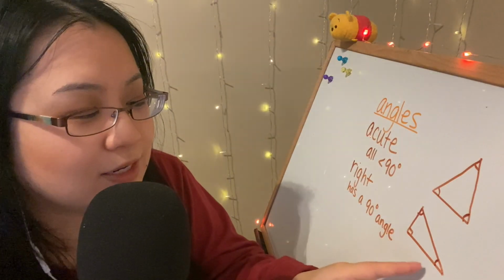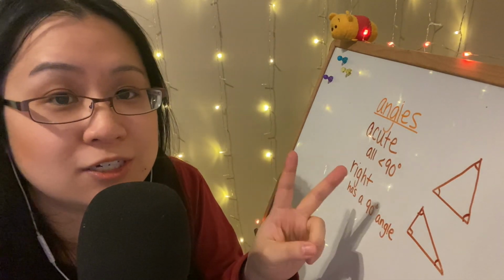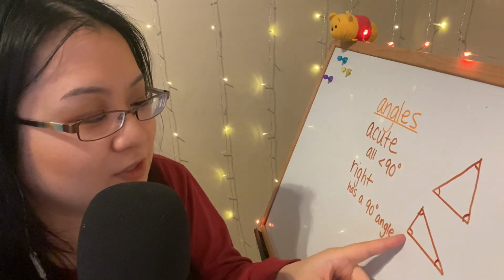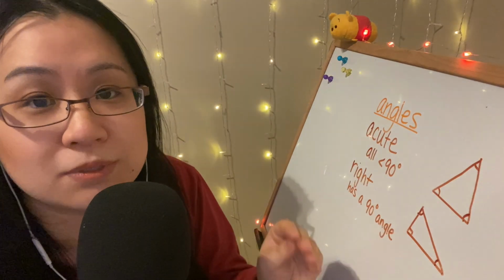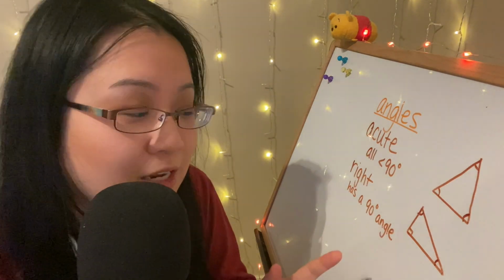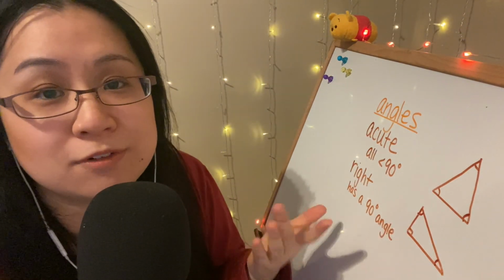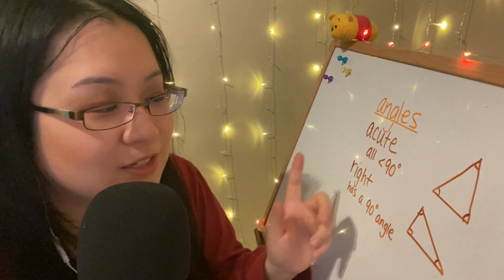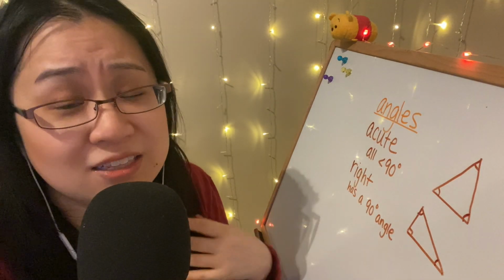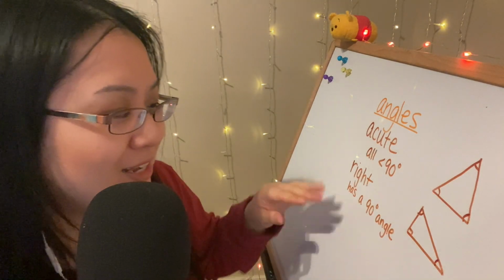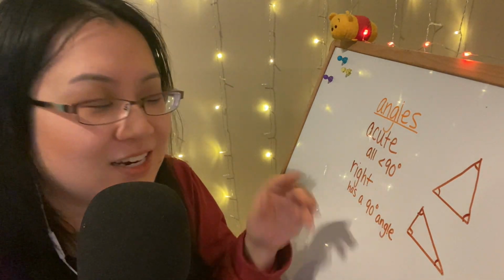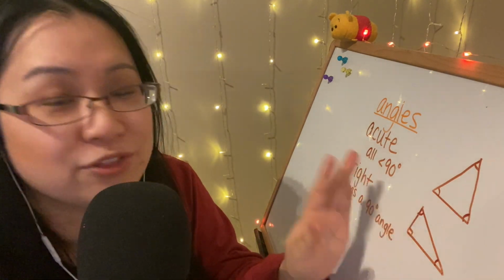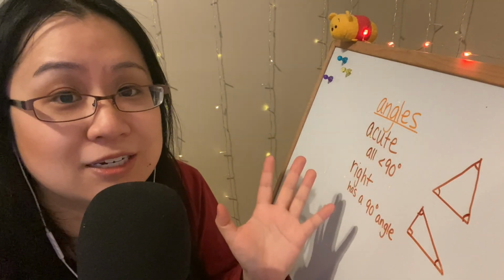I can't have two 90-degree angles, because if this were 90 and this were 90, then 90 plus 90 is 180, and that angle would have to be 0, which makes no sense. We would just have a line, and that's not a triangle anymore.